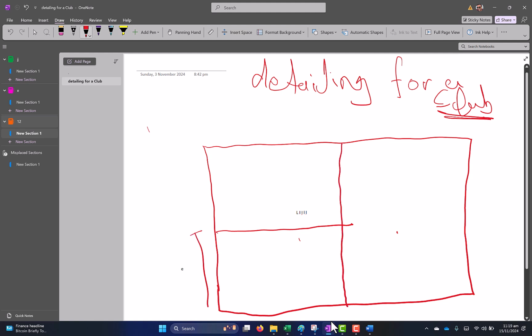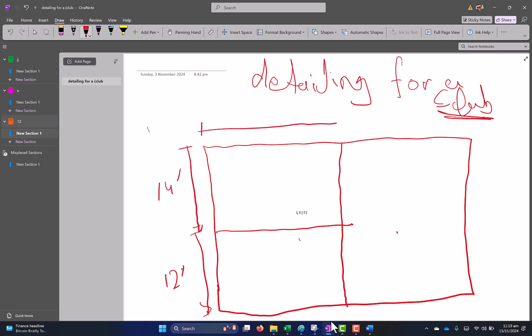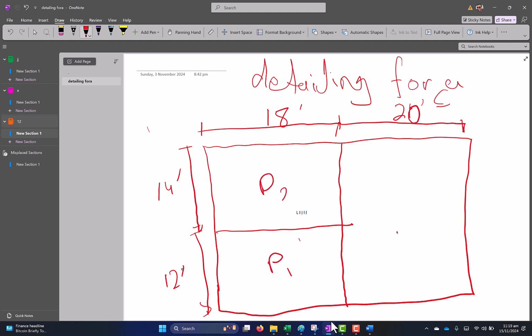So I would say this is 12 feet, this will be 14 feet, this can be 18, and this can be 21 or 20, let's call it 20. This I would say is panel 1, panel 2 and panel 3, right? Now I have to go back to the question.